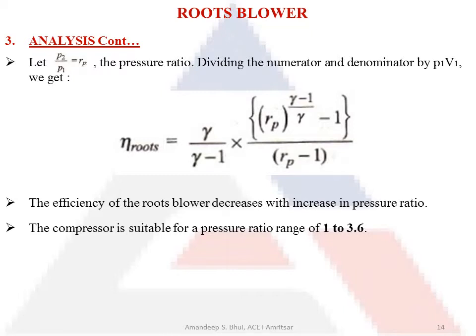The efficiency of the roots blower decreases with the increase in pressure ratio. So from this formula we can see that if we increase the pressure ratio, the efficiency of the roots blower decreases. The compressor is suitable for a pressure ratio range of 1 to 3.6.